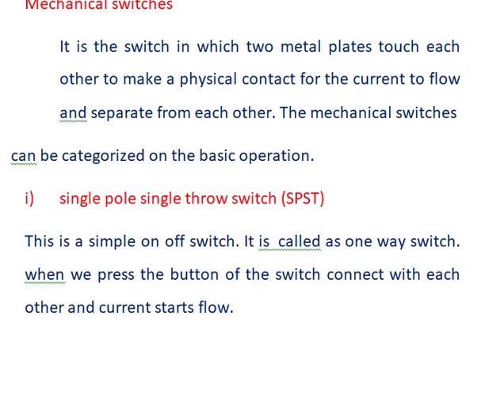So the continuity is disturbed, and the current does not pass from one end of the wire to the other. On that basis, the mechanical switches work. They contain two metal plates that touch each other with physical contact to let the current flow.